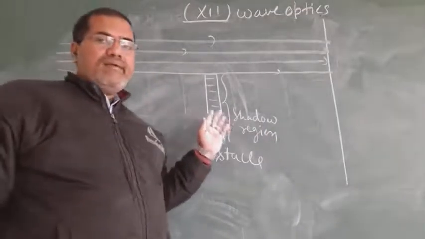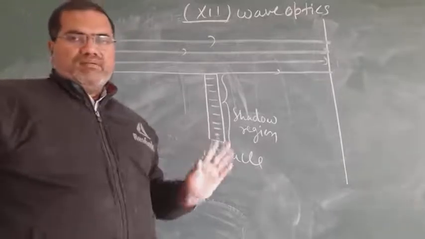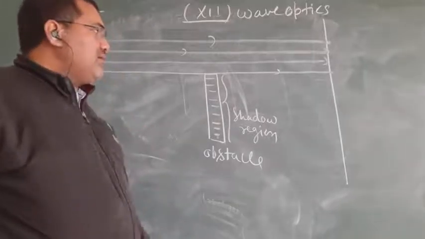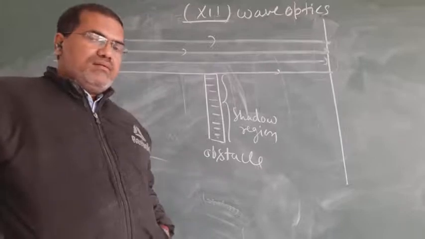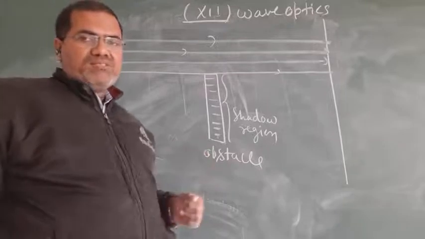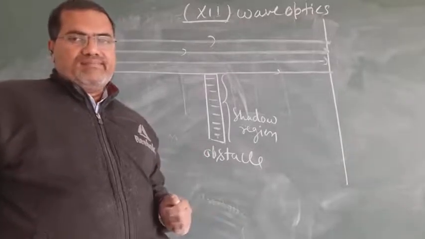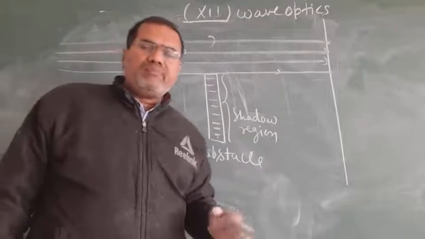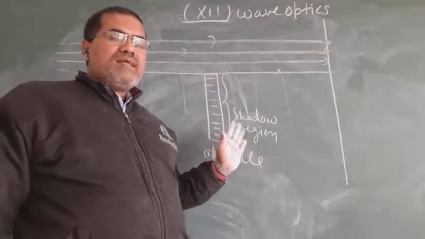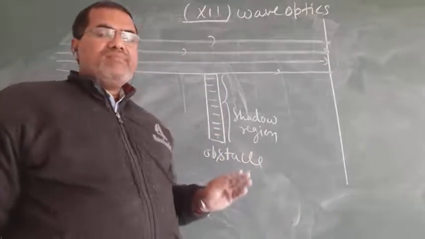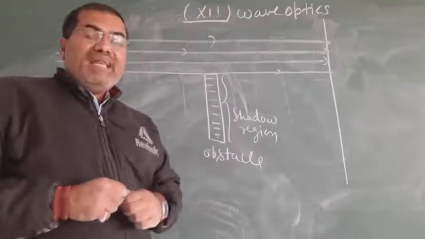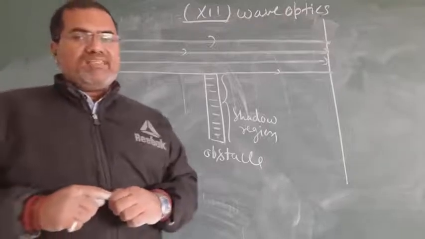One can say that light travels in a straight line, but by observation it is seen that when a light ray strikes any obstacle, any obstruction, then it bends towards the shadow region. That is called encroachment. When light strikes any obstacle, it bends into the region of shadow, meaning a bending nature of light is seen in the diffraction pattern.